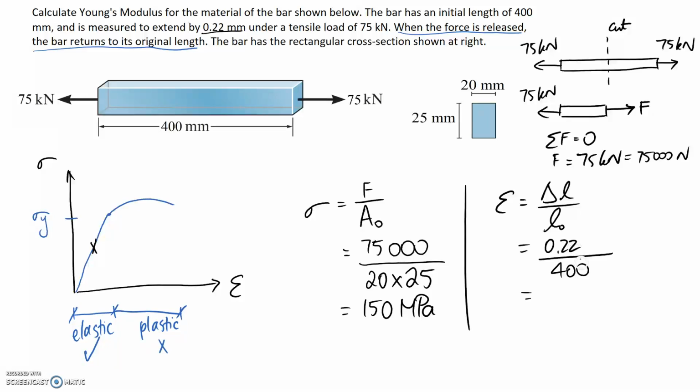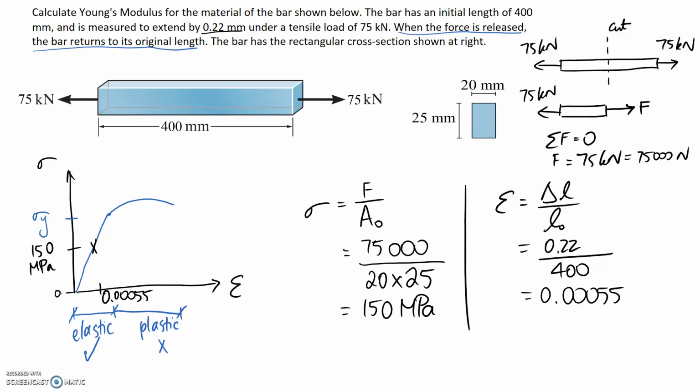So both of these are in millimeters, which means the units are going to cancel out, and strain becomes a unitless measure, and that's the value that we get out for it. So we can mark these on the diagram. So this here is going to be 150 megapascals, and this point here is going to be at 0.00055.